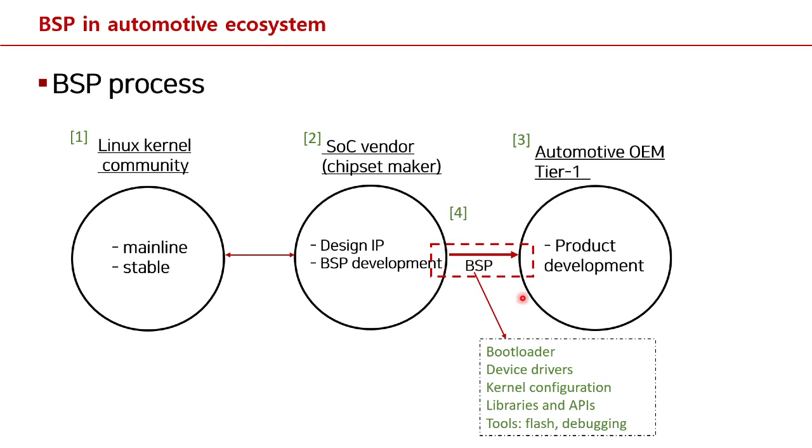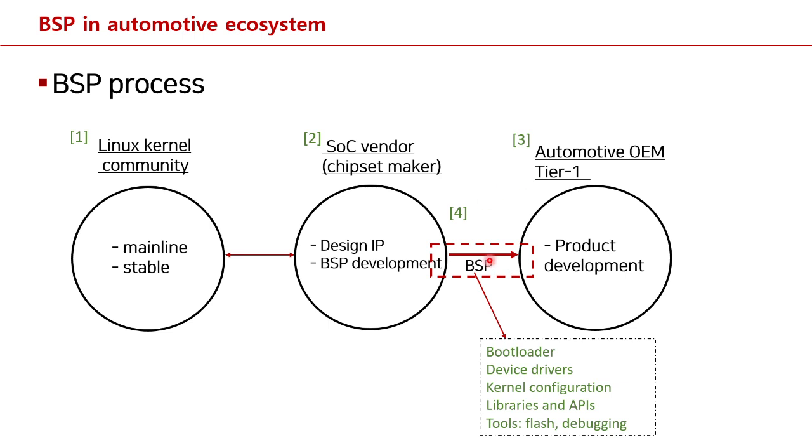Inside the BSP, you can see source code, the bootloader, device drivers, the way to configure the Linux kernel, libraries, and APIs. You are also going to see some tools to flash your image included in the BSP.